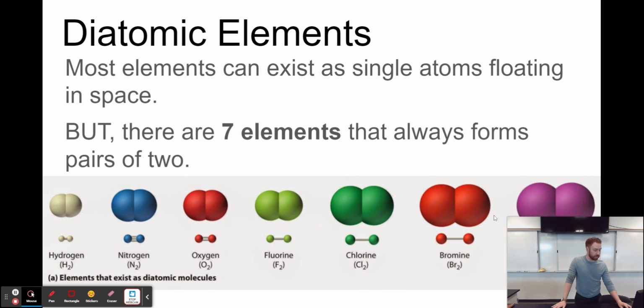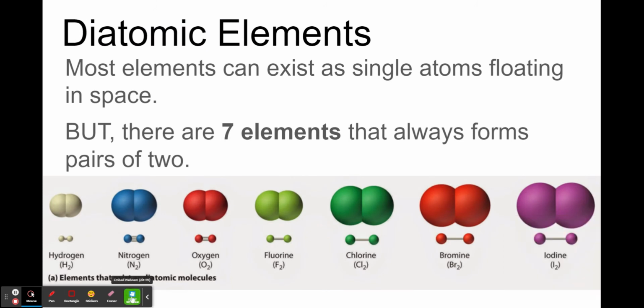Before I let you go, we've got to talk about diatomic elements because it came up a few times in those practice problems. A lot of elements can just exist by themselves, like sulfur. You can just have a sulfur atom floating around. But there are 7 elements that don't naturally exist by themselves.